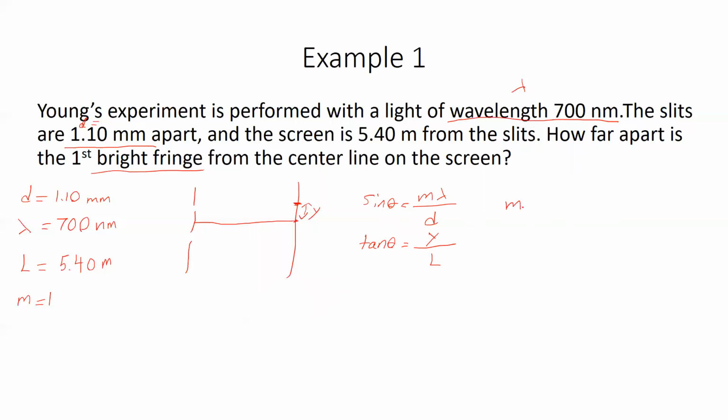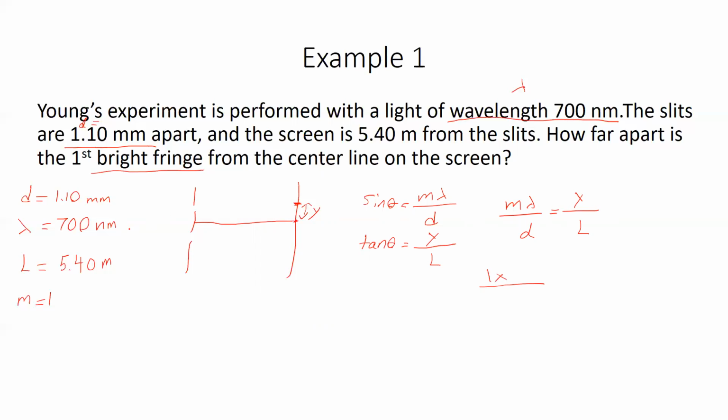So m lambda divided by d is equal to y divided by L. Now we just look at our data here: m equals 1.